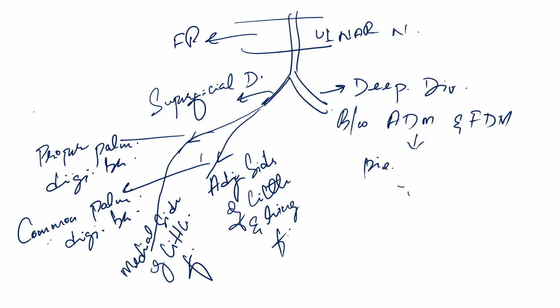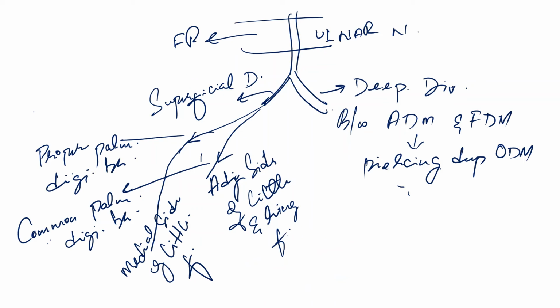Later it enters the deeper portion of the palm by piercing the opponens digiti minimi.